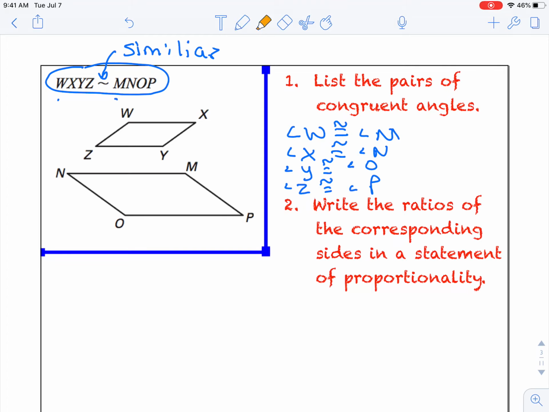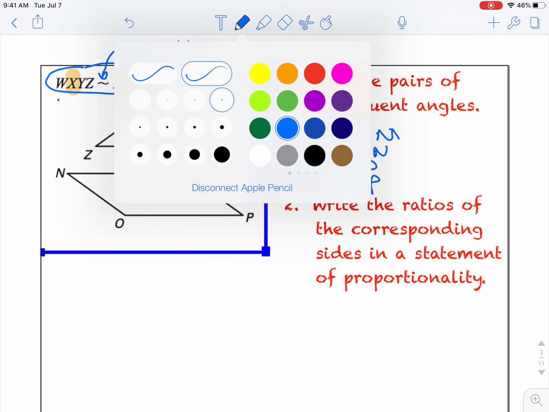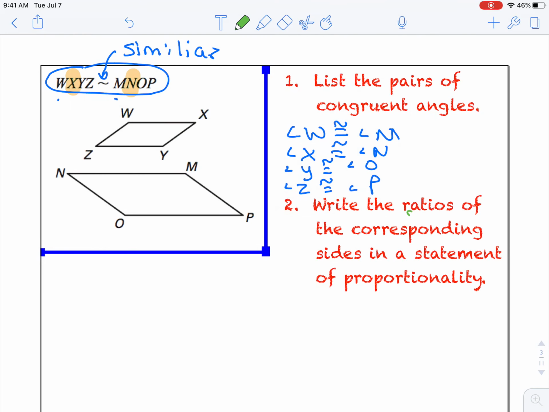How do I know that? Because of this similarity statement, which tells me that X and N are corresponding and congruent. It also tells me something about the sides. This next question asks us to write the ratios of the corresponding sides in a similarity statement of proportionality. WXYZ is similar to MNOP.